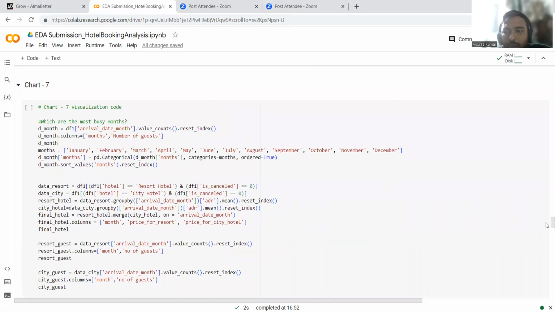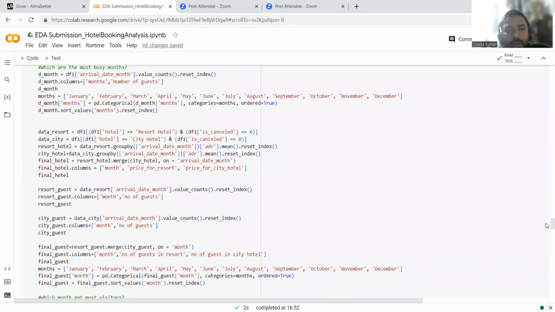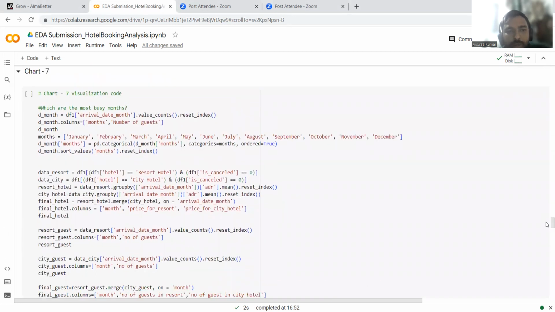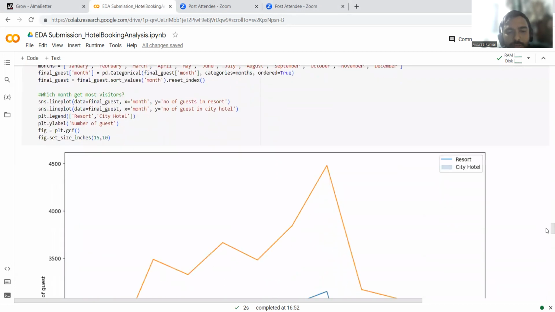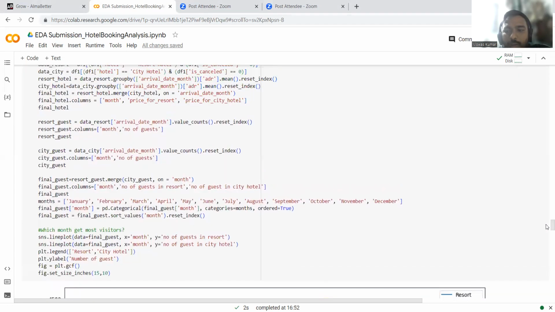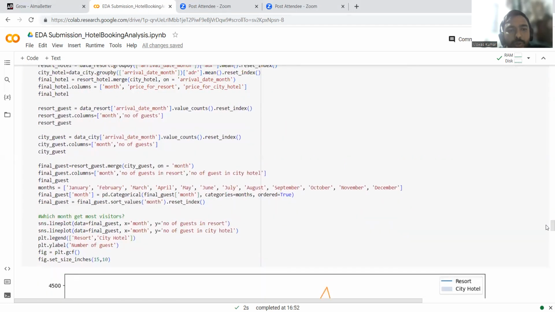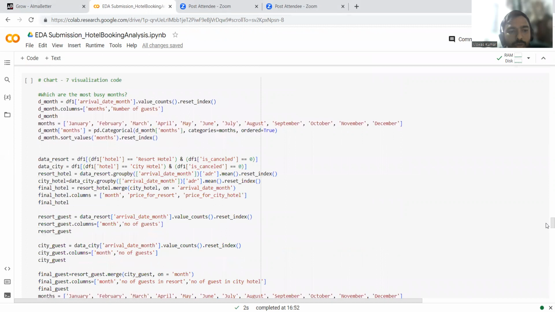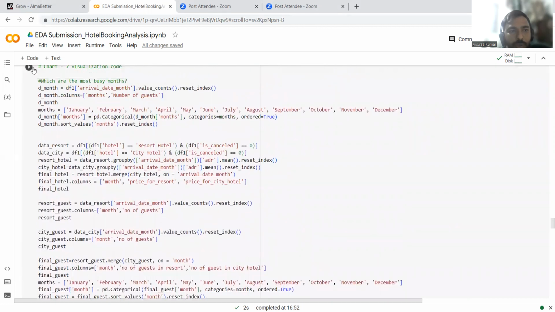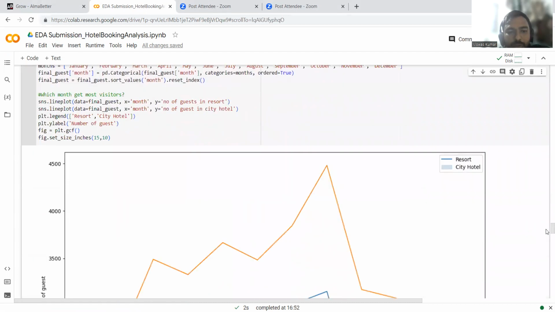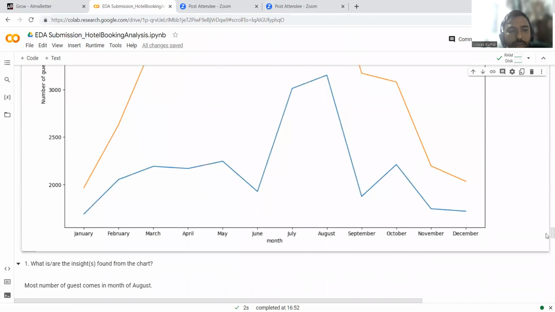So we have to correctly predict which month in the year the most number of customers prefer to come. So we have done some programming to get the data from the visualization.